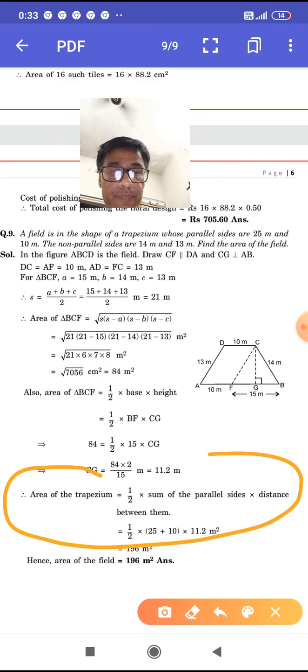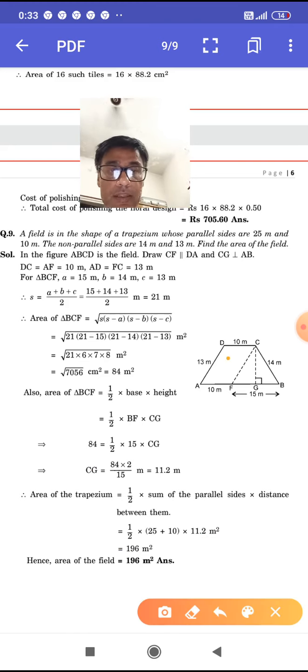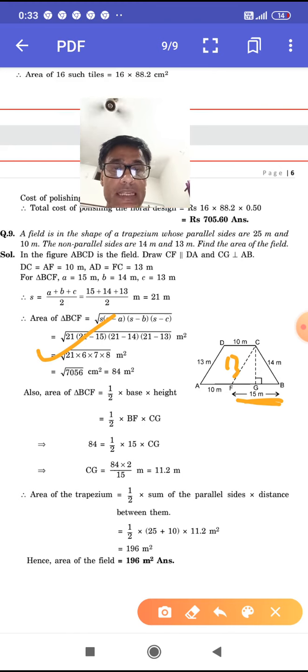How do we get the area of BCF? We know this side is 13, this one is 14 and this one is 15. So easily we have all three sides of the triangle. We will apply Heron's formula and get the area of triangle BCF, which is 84 meter square.